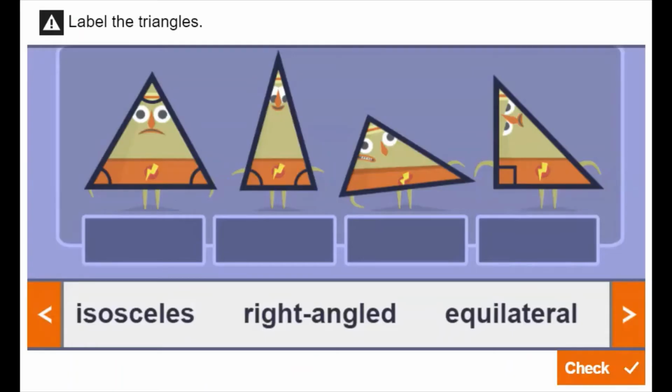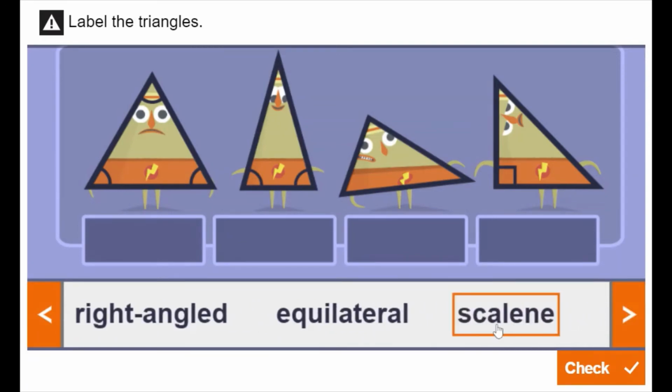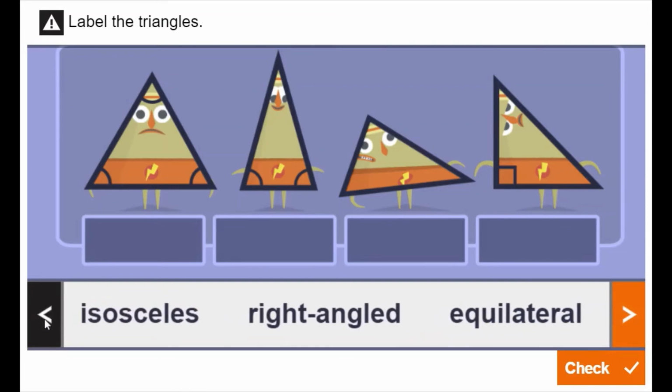Okay, have a look at this activity. This is from BBC Bitesize. Now we've got 4 other triangle characters here, and we've got the names at the bottom. We've got isosceles, right-angled, equilateral, and scalene. So I wonder if you can work out which is which. Now, again, take time to pause the video, and then I will reveal the answers.